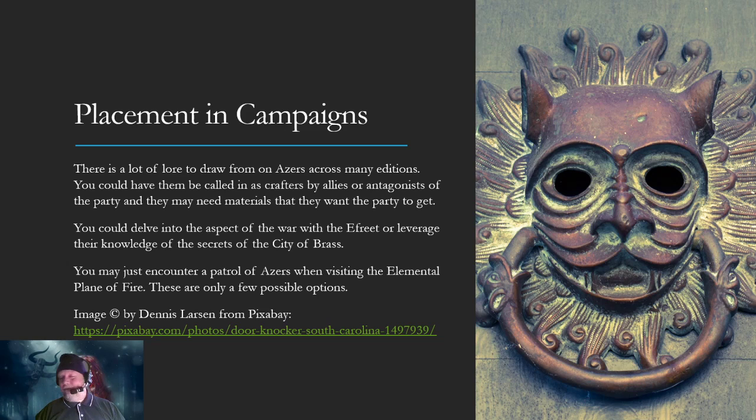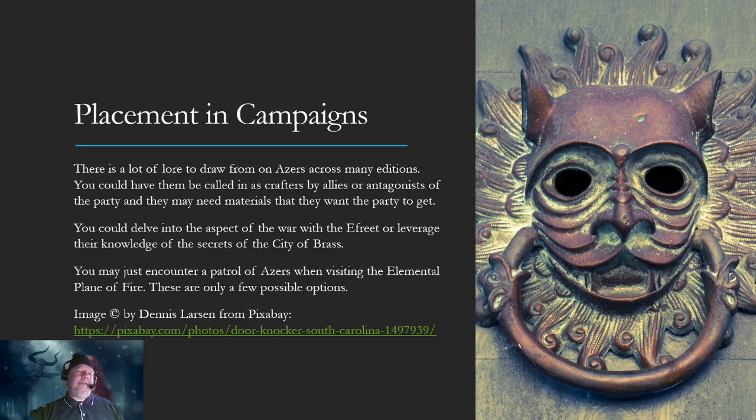And that could be a big challenge for a larger party or a higher level party. So there's a lot of lore, as we've seen, to draw on from Azers across many editions. So we spoke briefly.